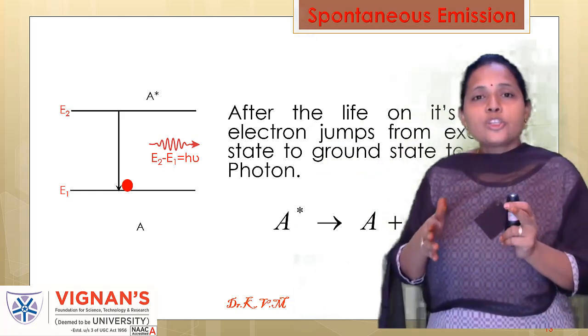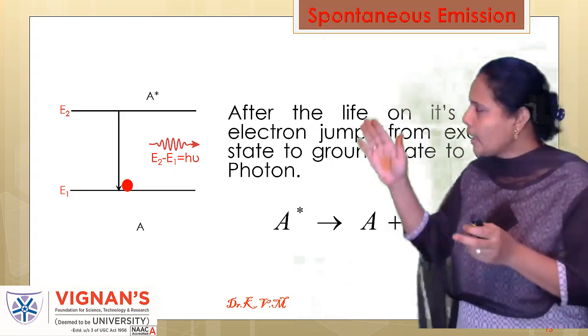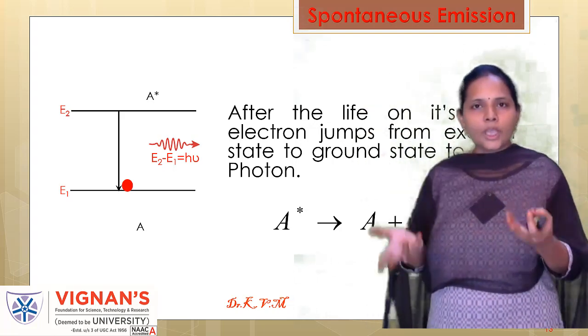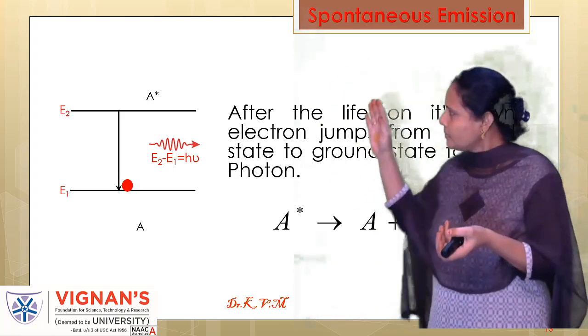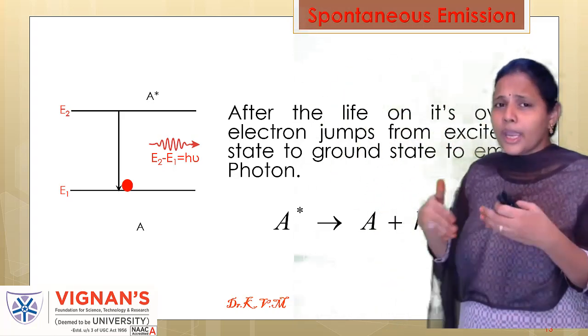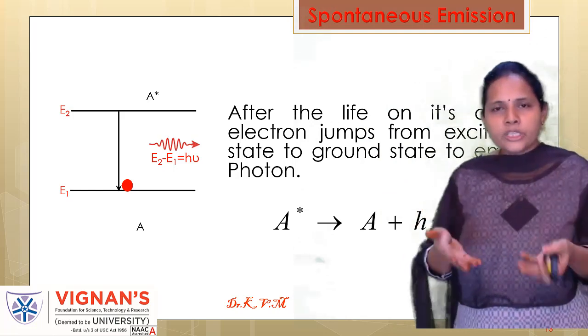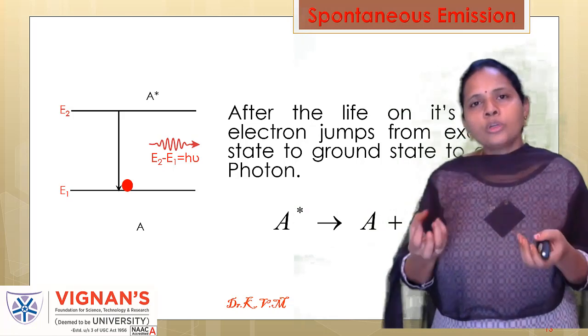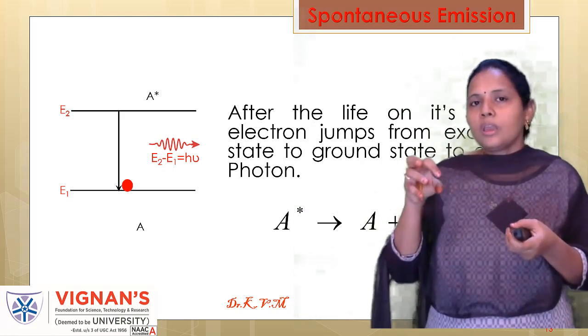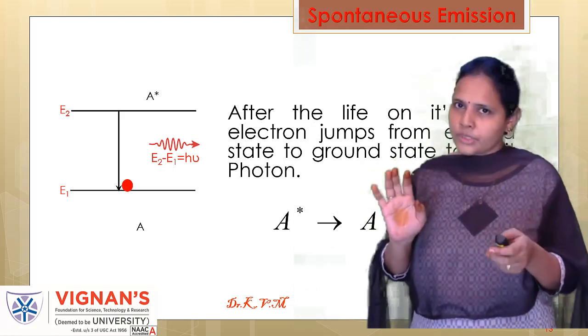But it's not sure that all emitted photons are with the same phase. So it's a random process where the emission emits photons which are incoherent. Hence, we cannot use this energy in the amplification process.